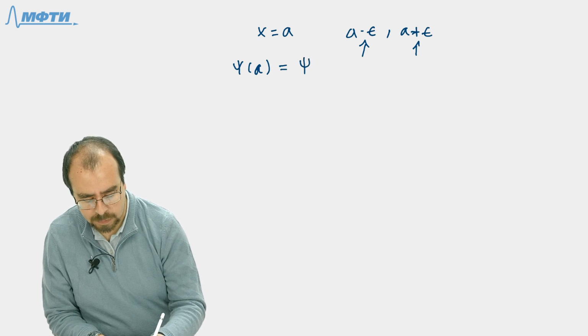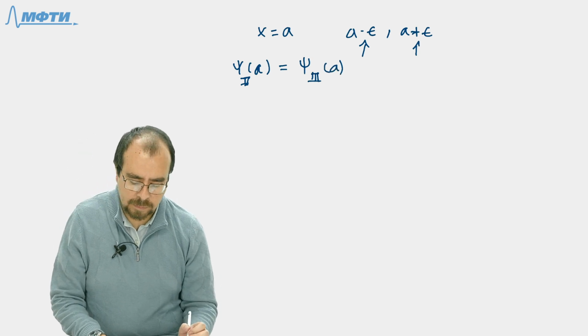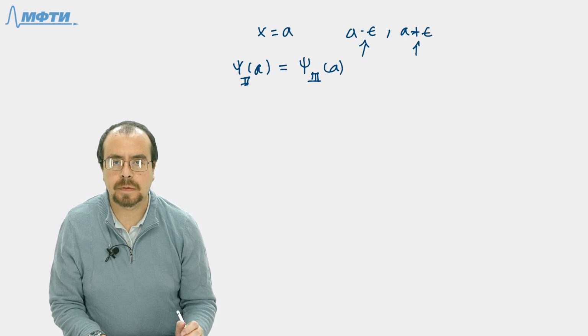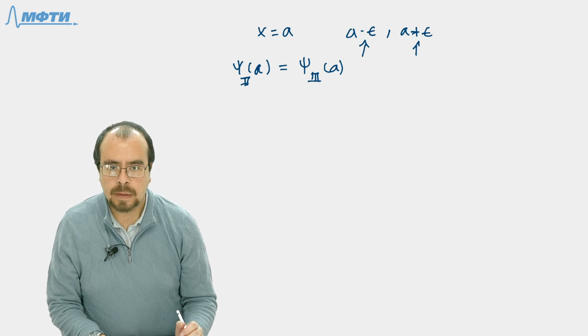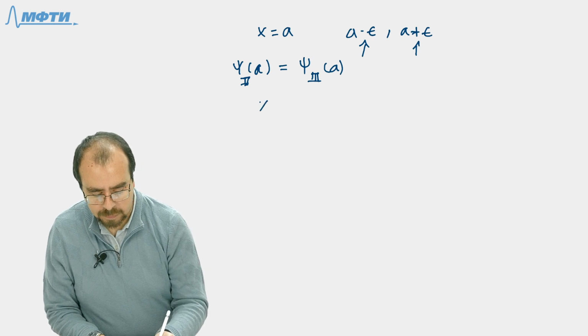So we compare the solutions for region 2 and 3. Then they must satisfy this continuity of the wave function. The same if we are at the position equal to minus a.